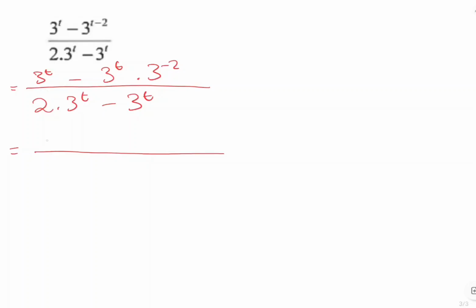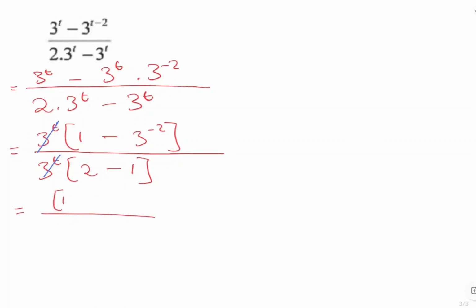If we take out that 3^t, we're going to be left with 1 minus 3 to the exponent minus 2 in the numerator. Then if we take out a 3^t in the denominator, we're going to be left with a 2, and here with a 1. Since there's a 3^t on our numerator and also on our denominator, they can cancel with each other. The next thing is to simplify what's left.